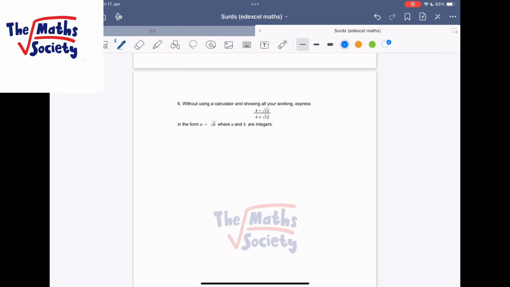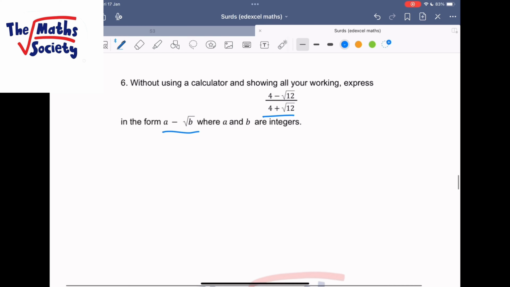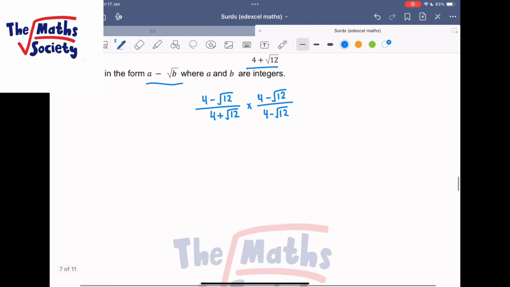Okay, so we'll now move on to question number 6. Same thing, where we just need to rationalize in the form a minus root b. So 4 minus root 12 over 4 plus root 12. Multiply 4 minus root 12 by 4 minus root 12. So then let's multiply them.